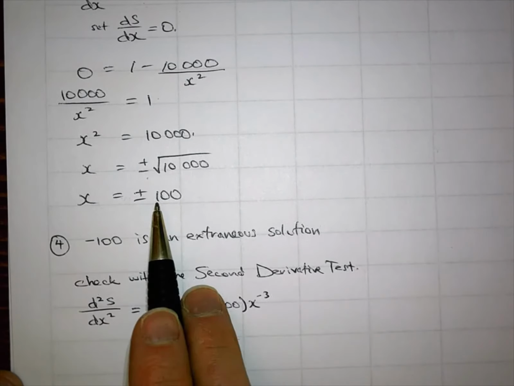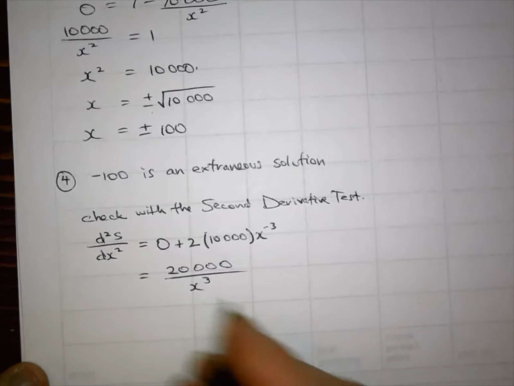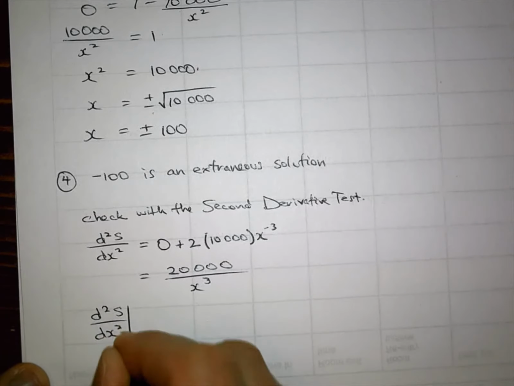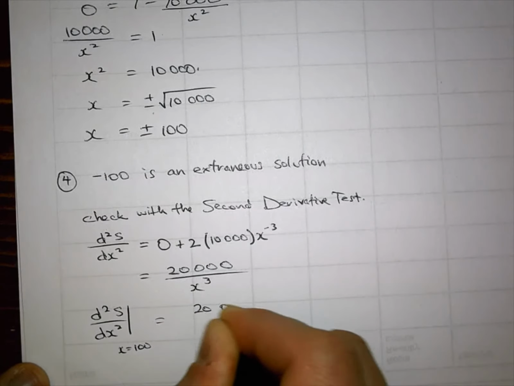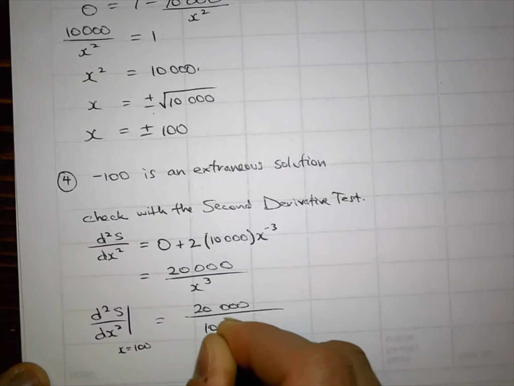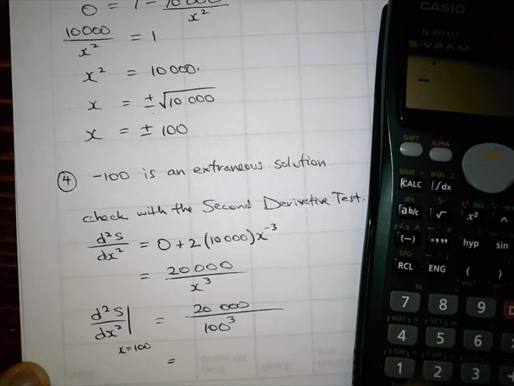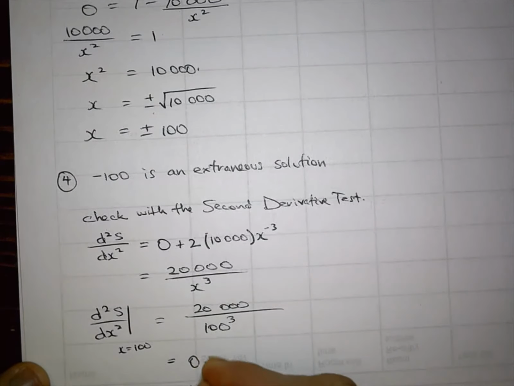Now, to check with the second derivative test at this value, x equals 100, remember, if it's positive, it's actually a minimum. If it's negative, it's a maximum. So let's see what the second derivative is at x equals 100. It'd be 20,000 over 100 cubed, and it's 0.02, which is greater than 0.